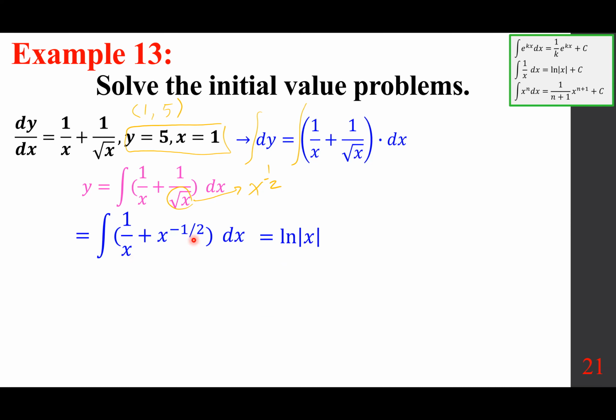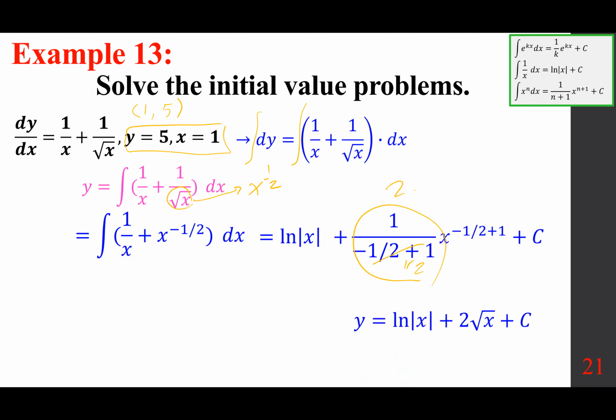But what about this one? We are going to use the power rule, 1 over negative 1/2 plus 1, x to the power of negative 1/2 plus 1. And again, we've seen this, there is nothing else there, so we add a constant. This is positive 1/2, so this makes it positive 2 square root of x.